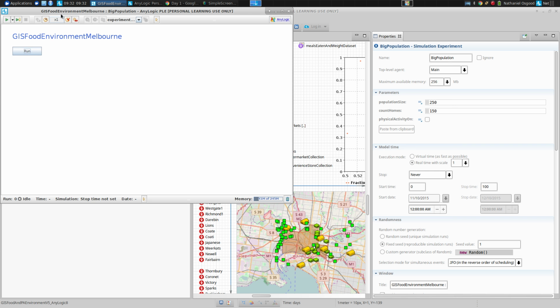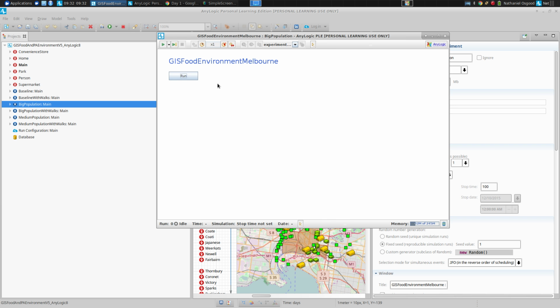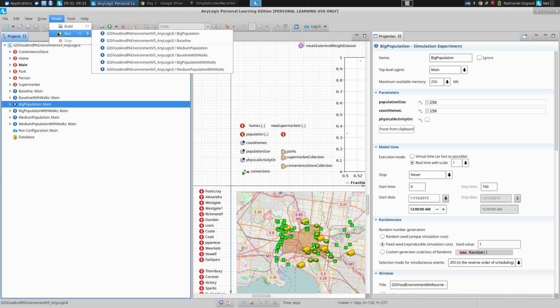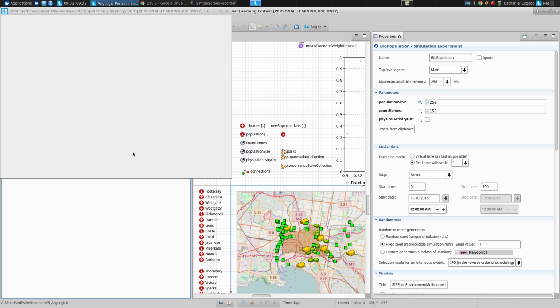Okay. So ladies and gentlemen, if you do that, a window should come up. Do you see a window come up here? So how did I get to there? I right-clicked on this and I chose Run. There's several other ways. I could have said Model Run, and it would ask me which thing do I want to run, and I say, well, I want to run the Big Population.